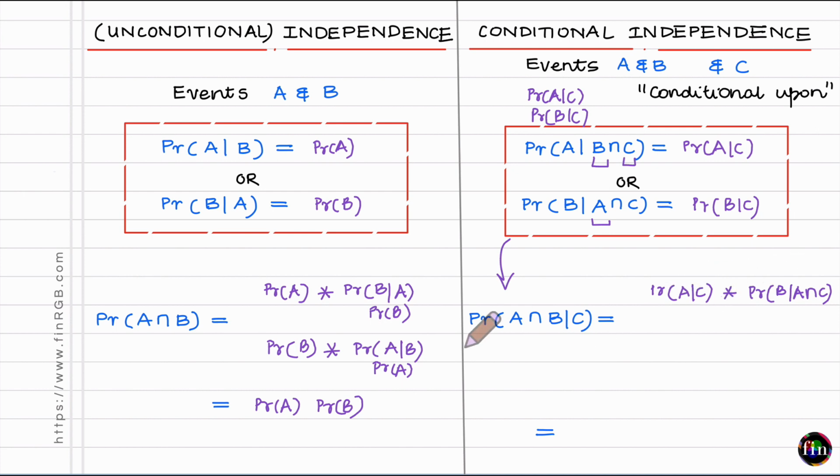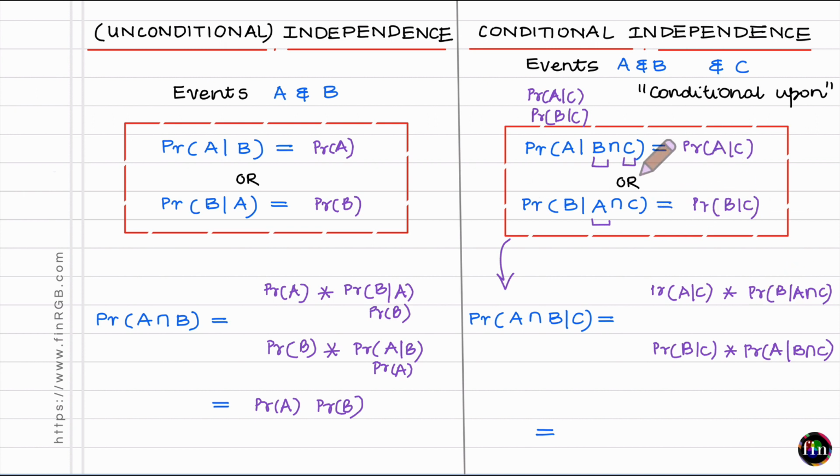This is one way of writing this joint probability. The other way of writing it will be: C has already happened, let B happen first. So probability of B given C, times the probability of A happening given now B and C both have happened.